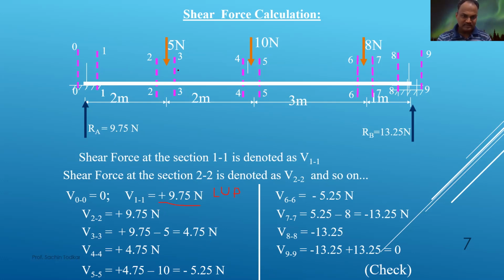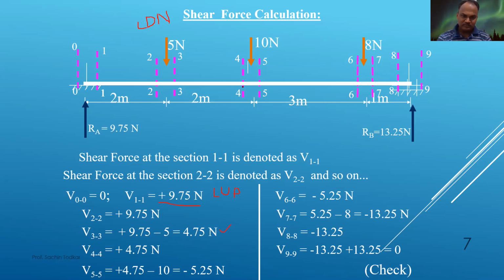At section 3 it will be 9.75 minus 5 because this is downward. So left downward is negative, upward positive, downward negative on the left side, that we are going to remember. LUP and LDN will be your sign conventions. So it is 9.75 minus 5, it is 4.75 Newton.